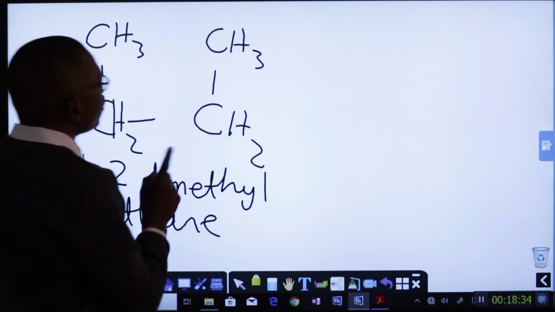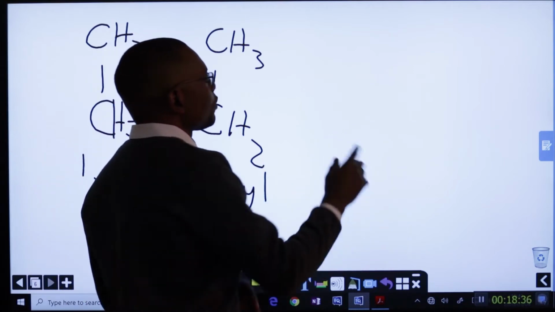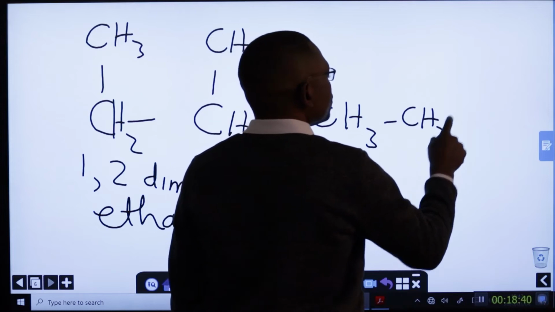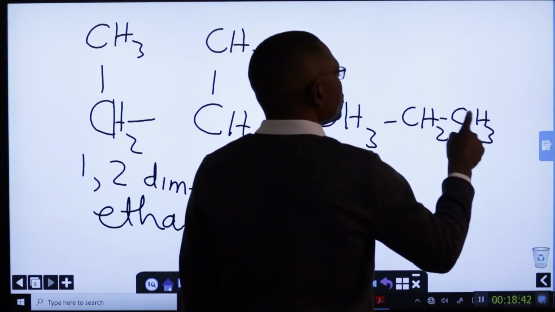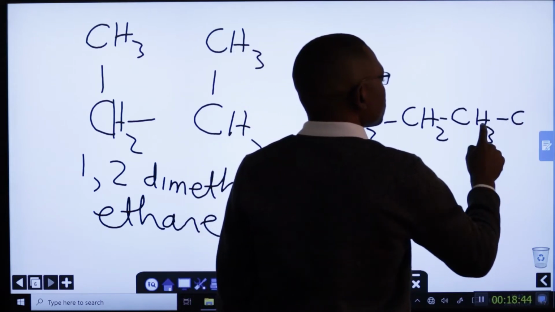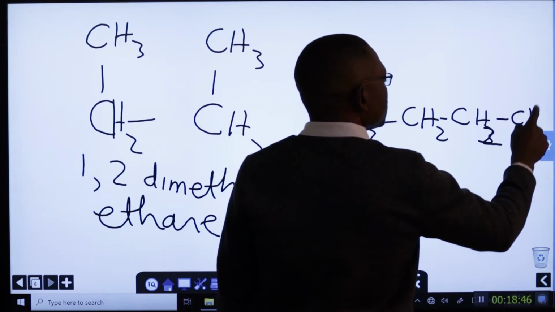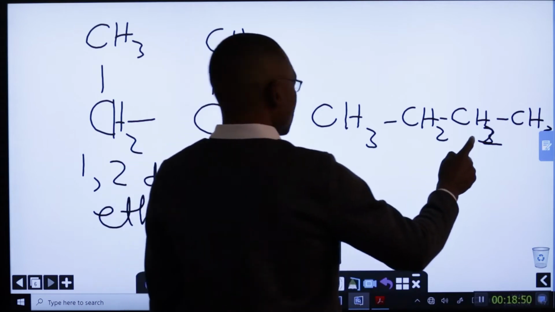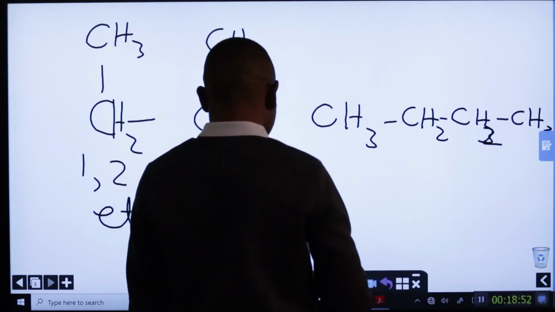Okay, now if I'm to write this as a chain isomer, it's going to be CH3, CH2, CH2, and CH3 like this.